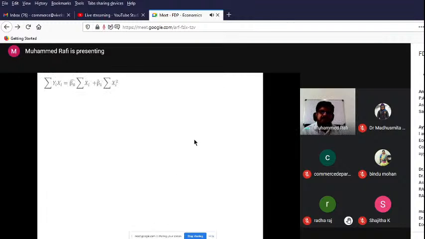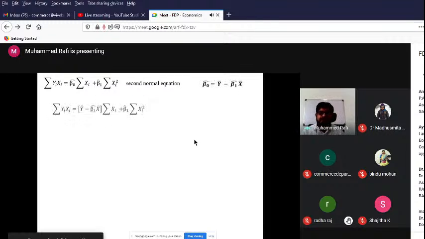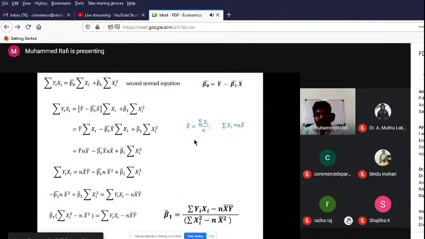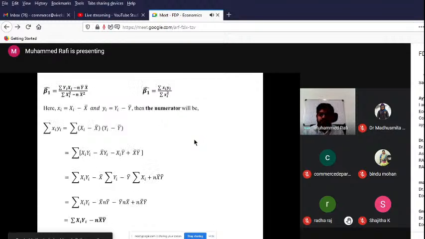And you take the second normal equation, and instead of beta 0 cap, you expand that in this equation, then you get the value of beta 1 cap, which is equal to sigma yi xi minus n x bar y bar divided by sigma xi square minus n x bar square. Now, you would have seen another equation for the beta, the slope coefficient.